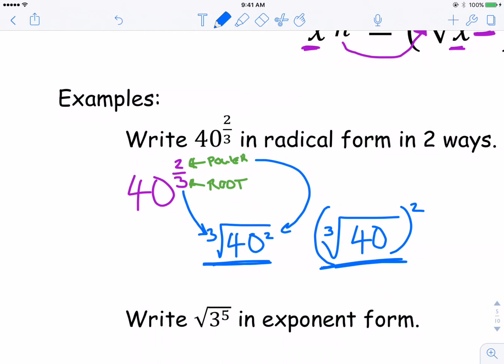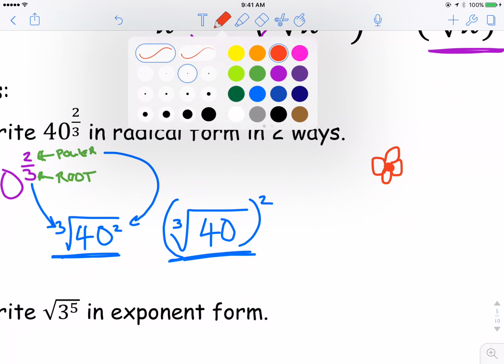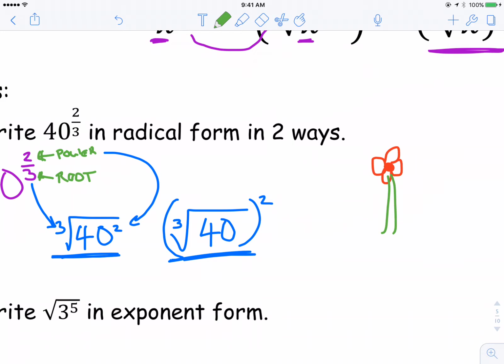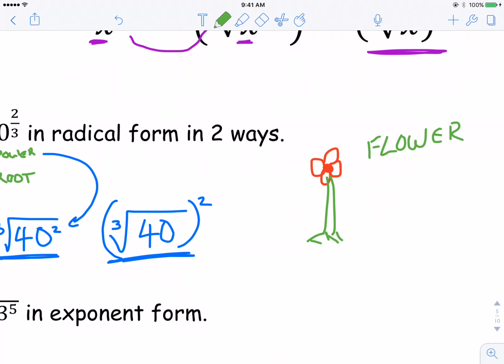Now I used to teach this by using a little symbolic picture of a flower. Here's my basic flower growing in the ground. And we used to call this flower power. When we have fractional exponents, we would always call this flower power, and I'll show you why right here. In a fractional exponent, so for example here we have 40 to the power of 2 over 3.